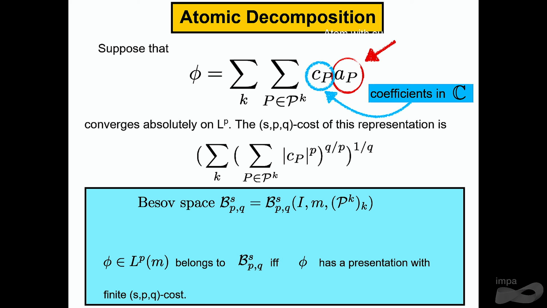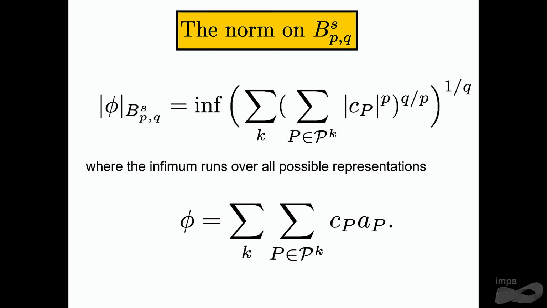So you say that a function belongs to this Besov space if phi has a representation with finite cost. And you define the norm in this Besov space as the infimum of the cost over all possible representations. So that's the minimal cost to build this wall.